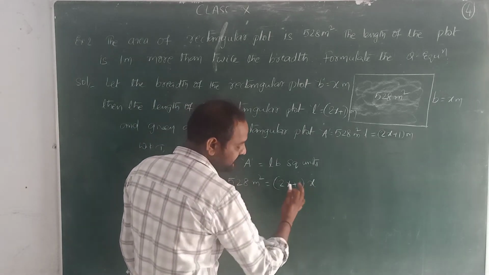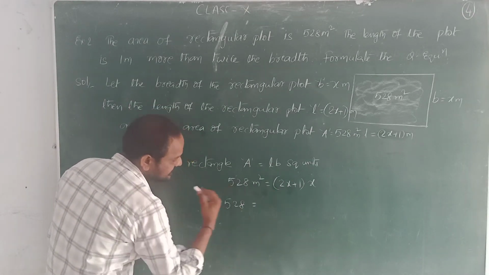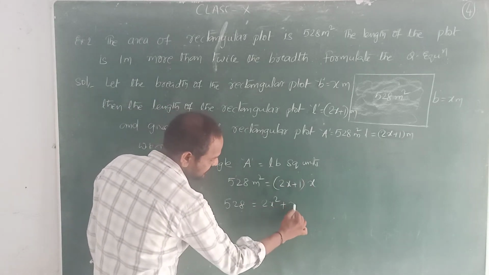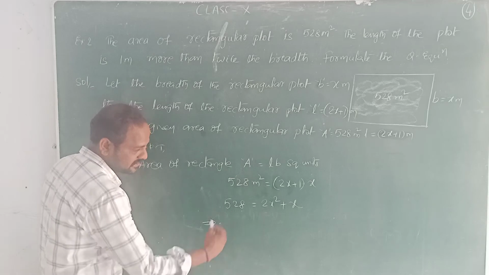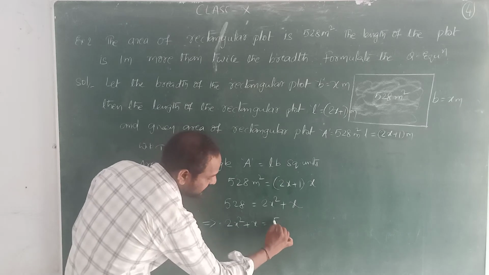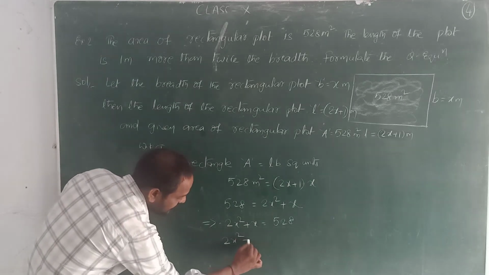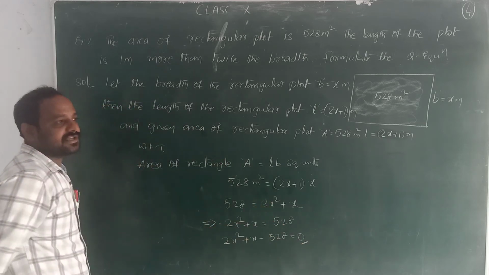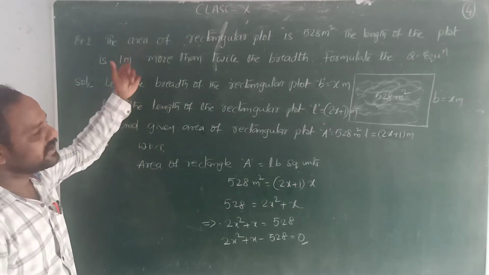Product of these two. So 528 is equal to x into 2x, 2x square, plus x into 1, x. Then we get 2x square plus x is equal to 528. By transposing, it becomes 2x square plus x minus 528 is equal to 0. So this is the required quadratic equation for the given situation.